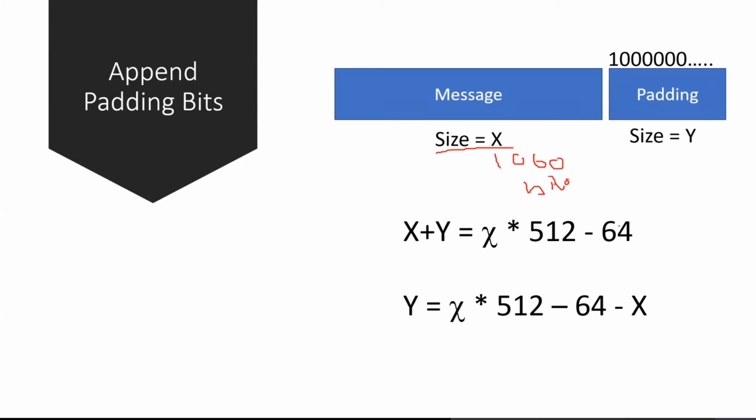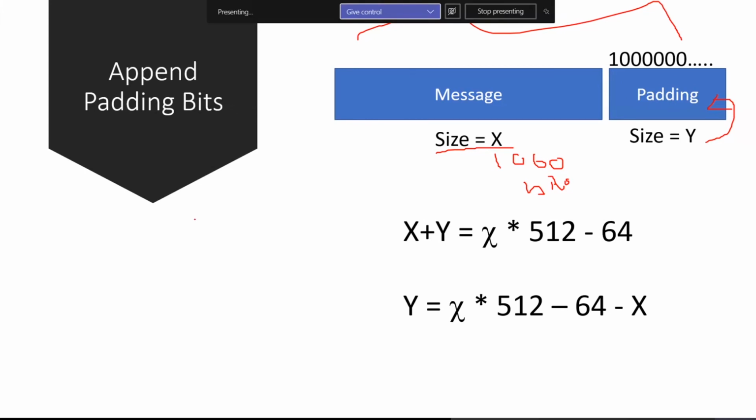Now what will be the size of y? The size of y is nothing but the size of padding. The size of y is 64 less than a multiple of 512. That means the total size should be a multiple of 512 but 64 bits less than that.